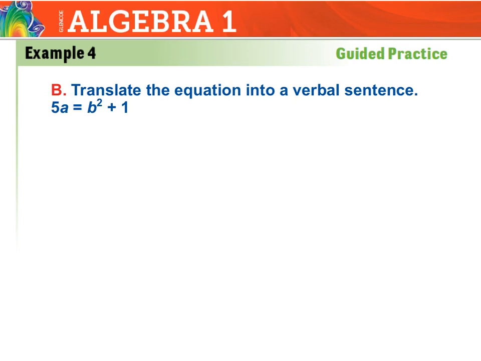5a equal to b squared plus 1. All right, so last time we said, the product of 5 and a. I know we can also say, no, we have to write it. 5 times a, let's say, is equal to, and then we just got to take care of the right side, b squared plus 1.